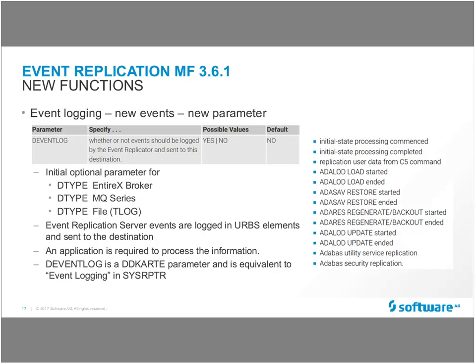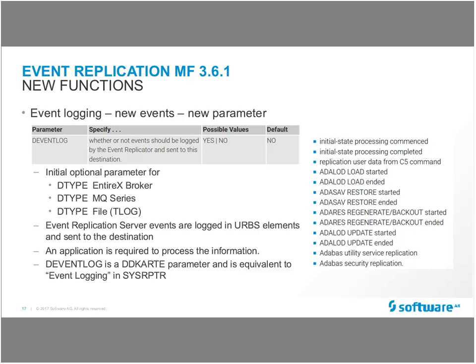The next one is, we already provide event logging. Now we have a new parameter and new events. The new parameter is an initial parameter and can be set in the DD card environment. So this is for all of you who like to provide the main basic parameters in the job.